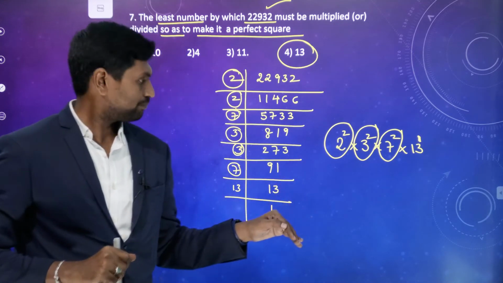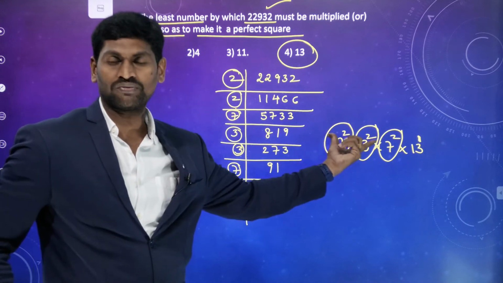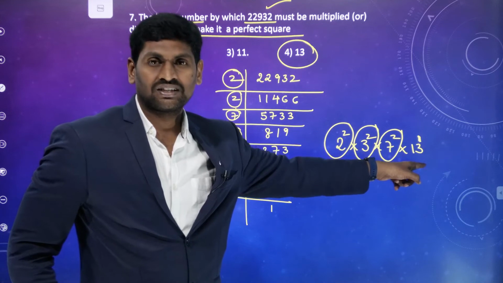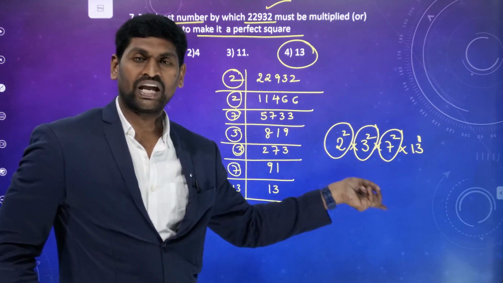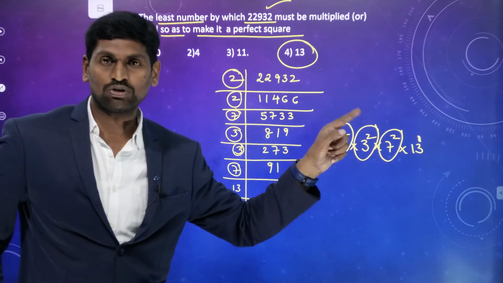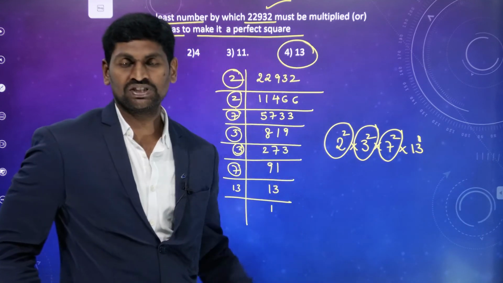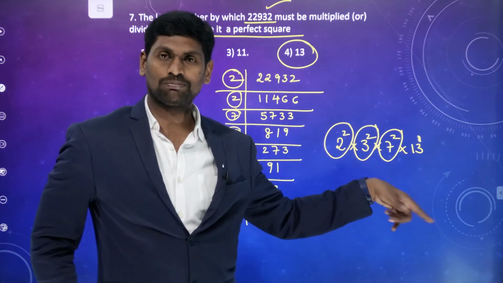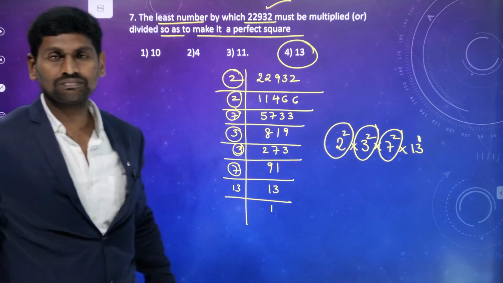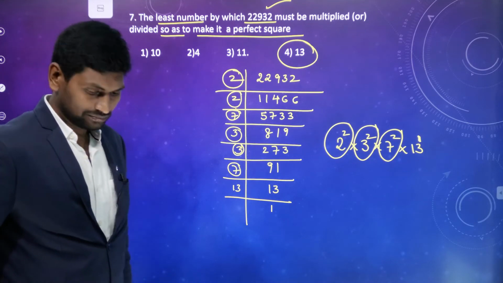All the prime factors are arranged as squares: 2 square, 3 square, 7 square, but here only one 13 is present. If you have one more 13, it will be 13 square. That means we multiply with 13, or else delete this 13, that is divide by 13. Multiply or divide, the answer is same here. The smallest number will be 13. Okay? Check.